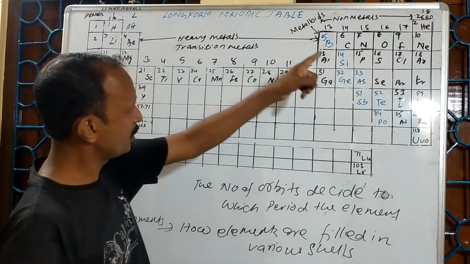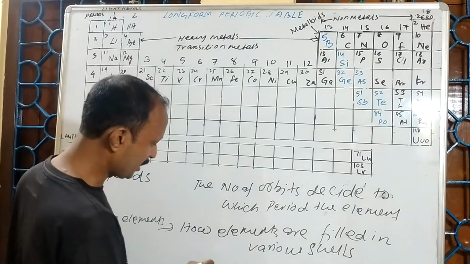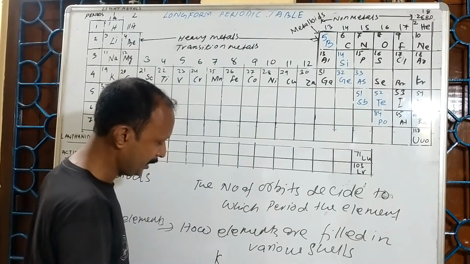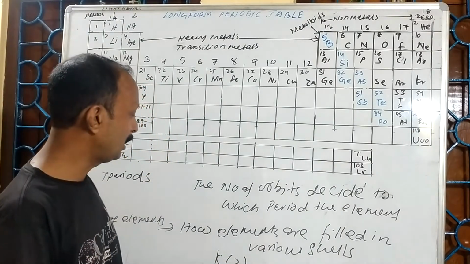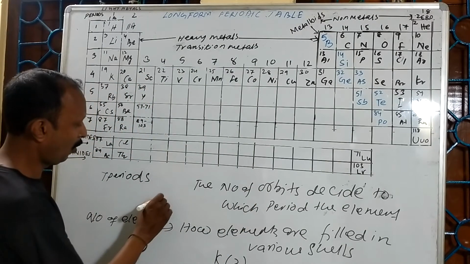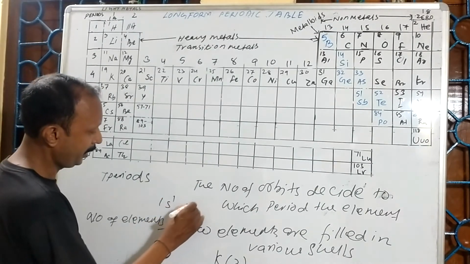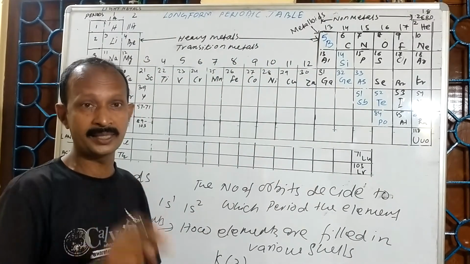So the first period contains 2 elements because the first cell, the K cell, has a capacity of only 2. Here the electronic configuration I wrote for hydrogen and helium. I can write 1s1, 1s2. So in this period, those elements are there.